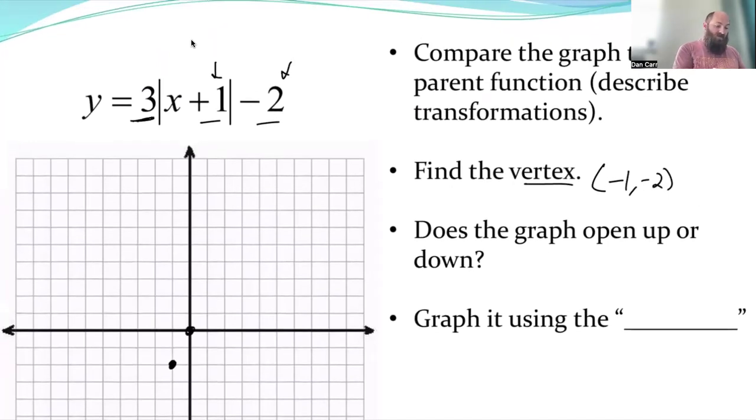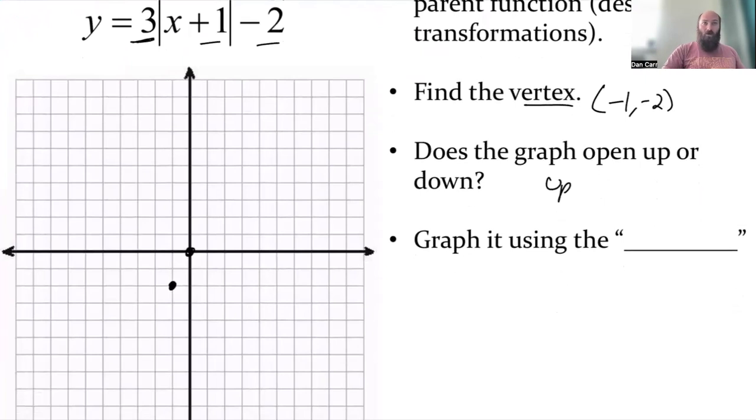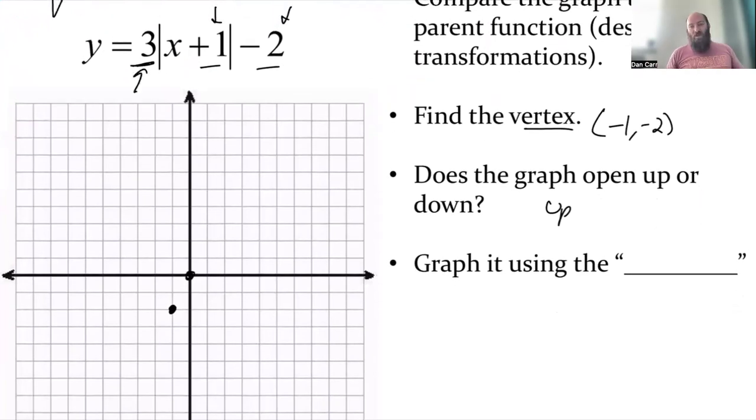Okay, does the graph open up or down? Because this is a +3, I know the shape is going to look like this as a V. So it opens up. So we're going to graph it using our slope. Sorry, the slope is going to be related to the stretch in the front.